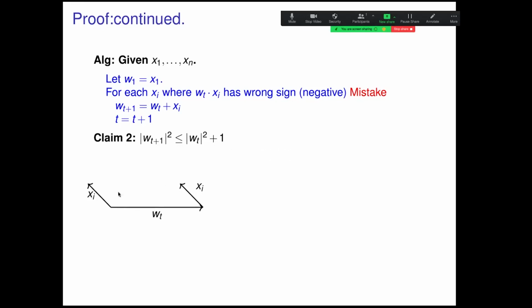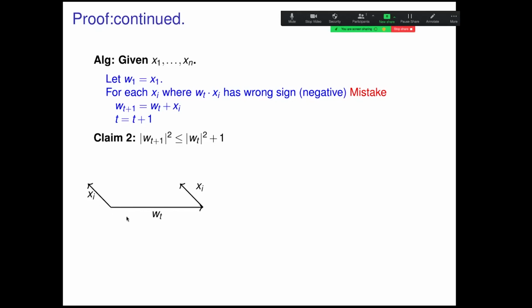Okay, why is this angle obtuse? You tell me. The dot product with WT and XI is negative. So does that mean this is obtuse? Intuitively, yes. Not intuitively. You don't get to say intuitively.